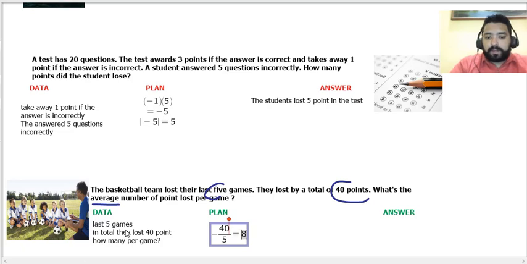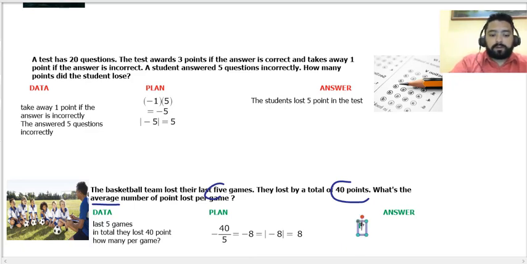But it's -8 if you remember the rules for the absolute value for integers. Now we are going to apply the absolute value of -8, and it's going to be 8. So at the end, in the answer, we can write that the basketball team lost 8 points per game.